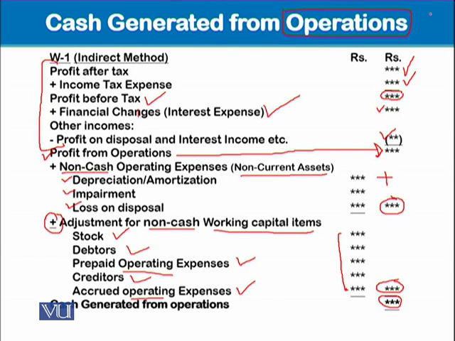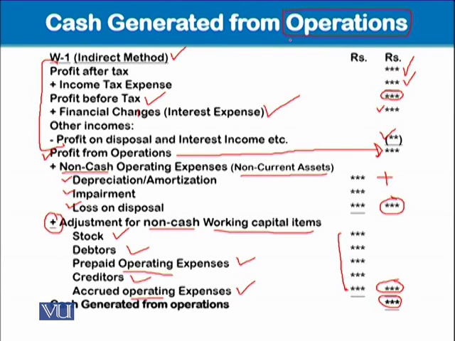So either we use indirect method or we use the direct method, our cash generated from operations would remain the same. Once again I'm saying that we work out cash generated from operation with the help of sales, cost of goods sold, and operating expenses.